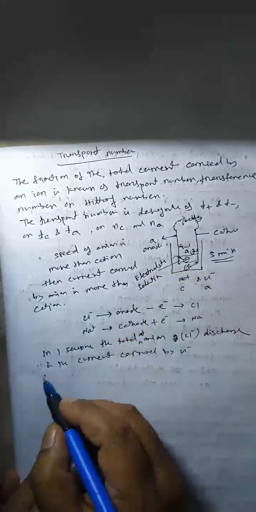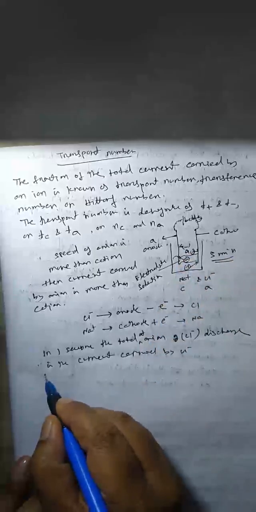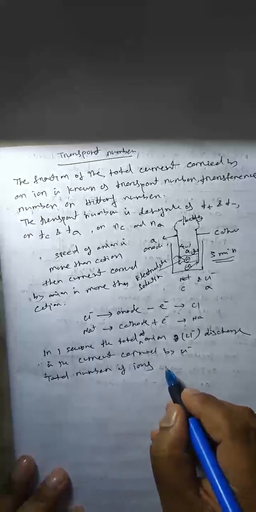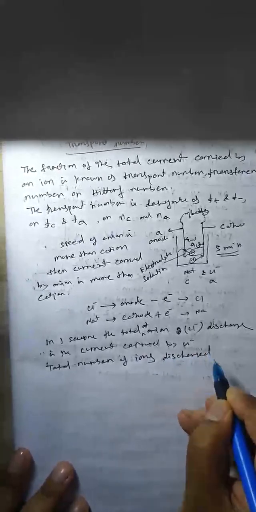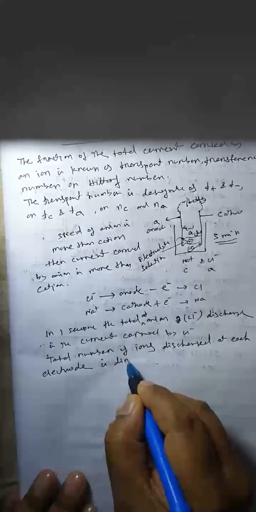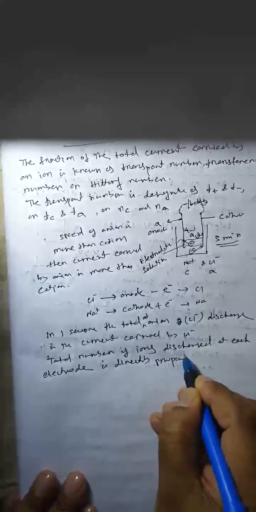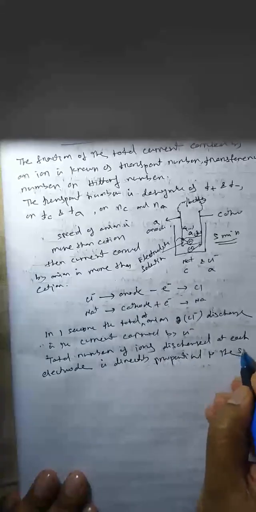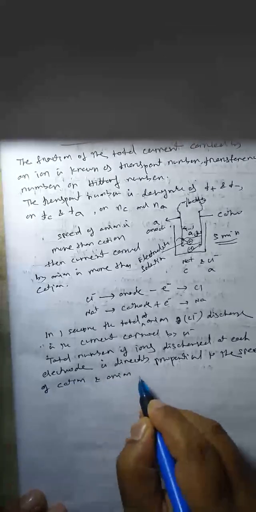So the total current carried by the cation and anion, you can tell that the total number of ions discharged at each electrode is directly proportional to the speed of the cation and anion, that means to the sum of the speed of the cation and anion.